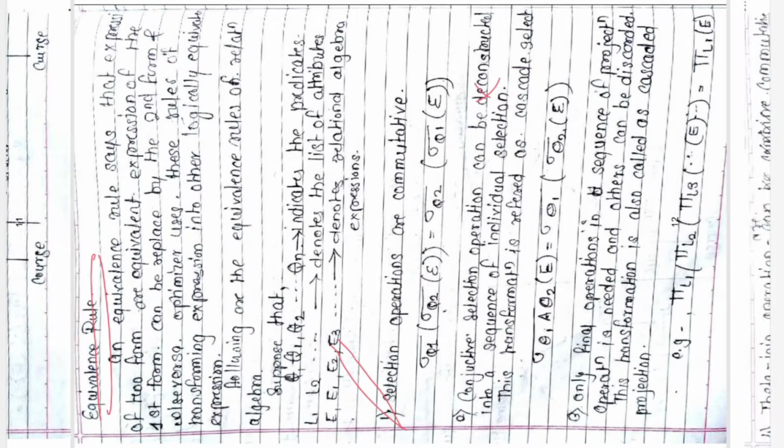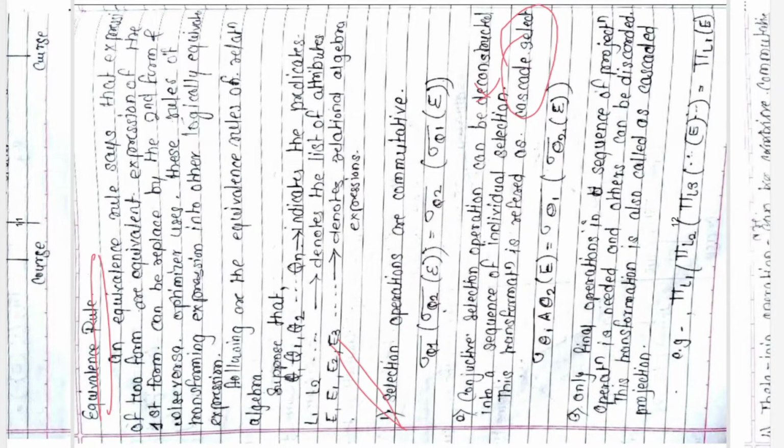A conjunctive selection operation can be constructed into a sequence of individual selection operations, right? So you can see it is also called cascading select. This particular scenario is also called cascading select operation, because we are going to apply the selection operation a number of times.